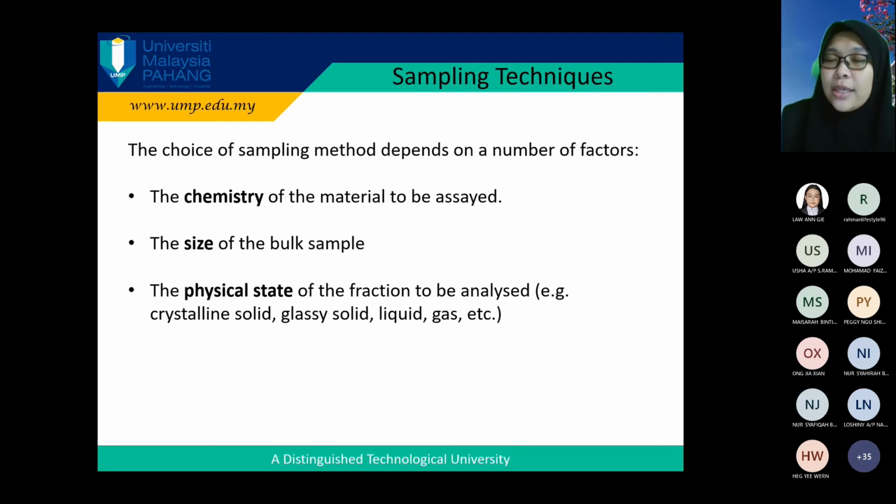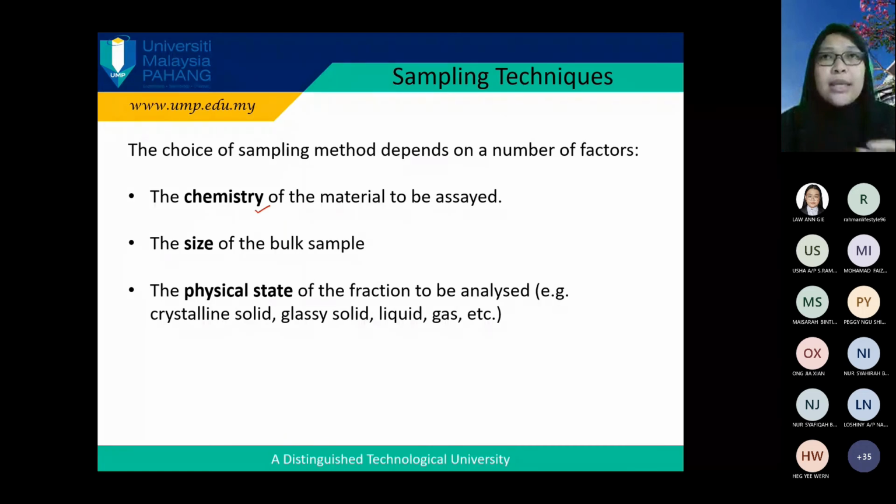Okay. Sampling techniques. We need to consider a number of factors when doing the sampling techniques. First, we need to know the chemistry of the materials. Organic materials ke, inorganic ke, dia mudah meruap ke. You need to know the chemistry of the materials because different sampling techniques will be used for different chemistry types of material. Organic material cara dia lain, inorganic lain.